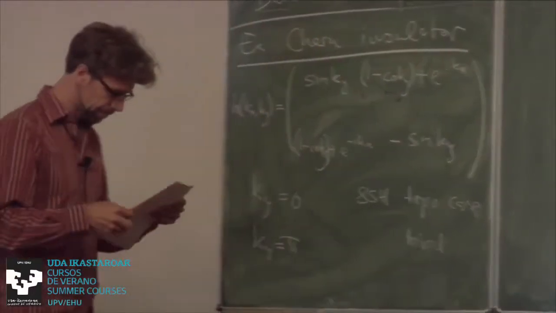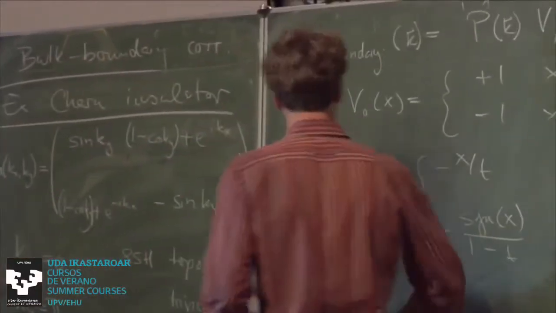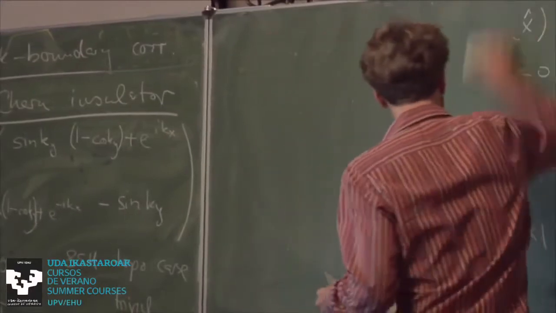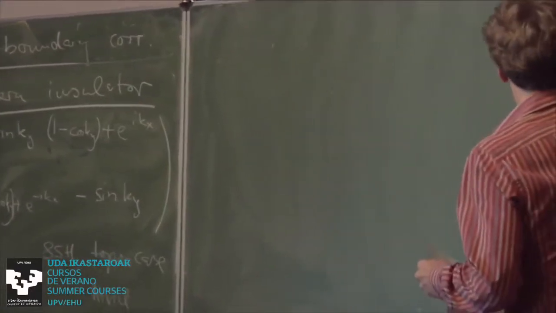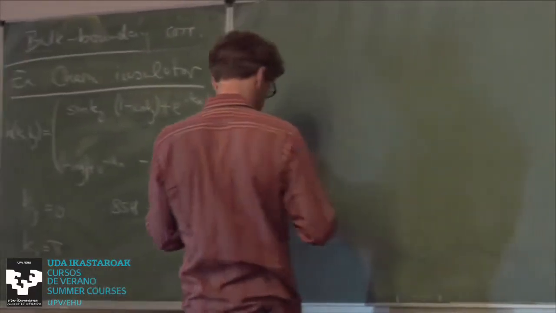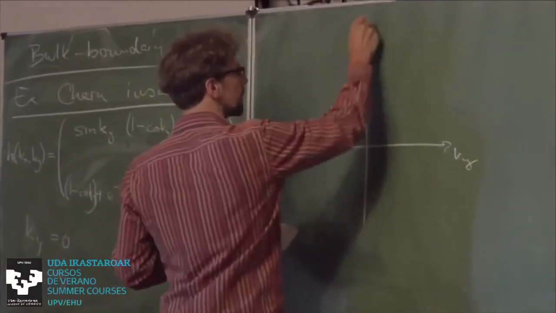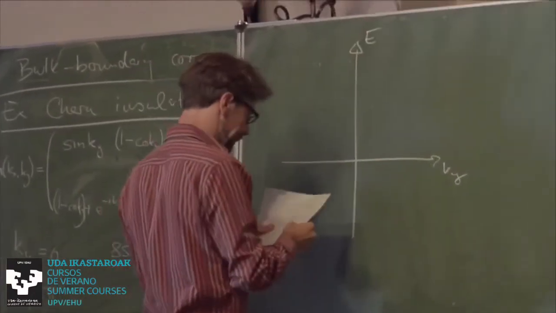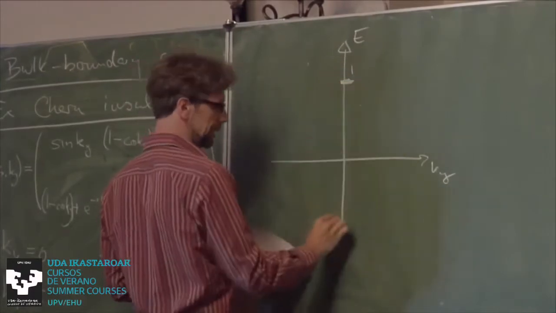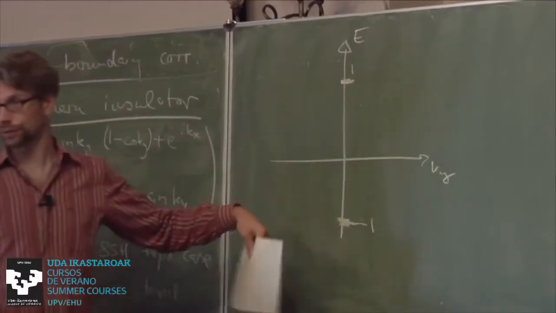Okay? And then I know immediately how to draw the spectrum of this thing as a function of ky. The energy spectrum. So at ky equal to 0, again, we have the energy 1 and minus 1 as a bulk band of the Su-Schrieffer-Heeger chain, right?